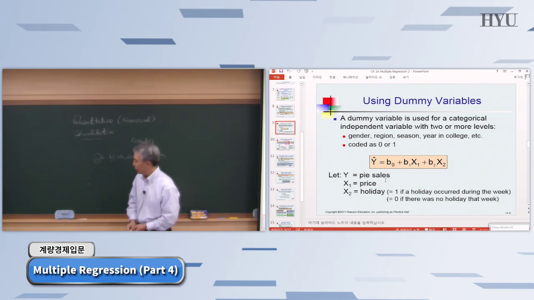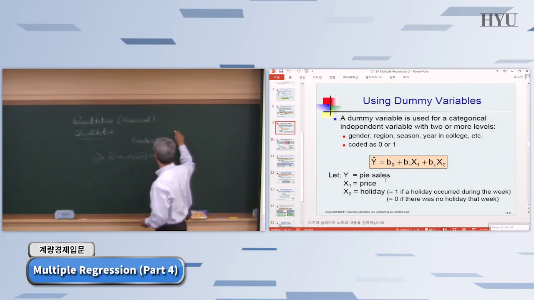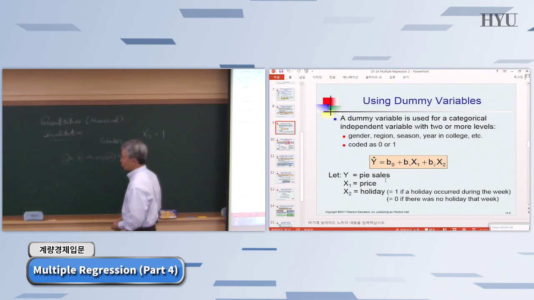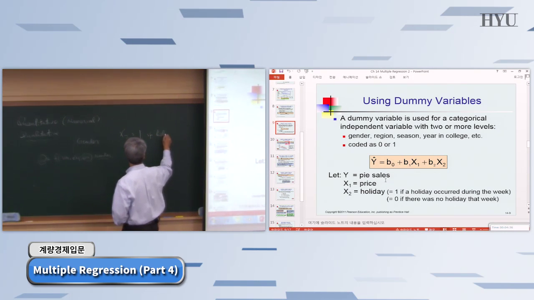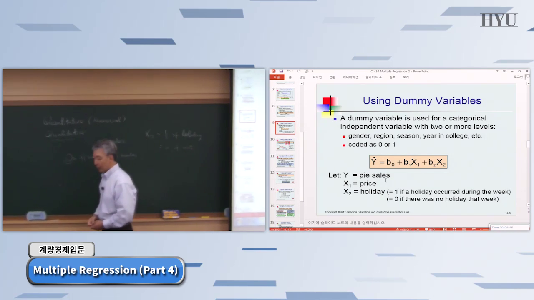We can set x2 equals 1 if there was a holiday during the week, 0 if not. We can set it up that way.